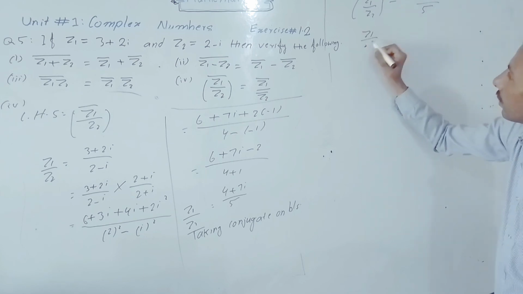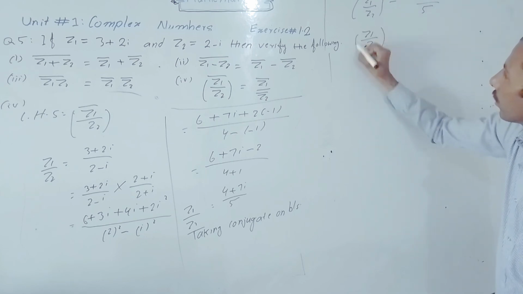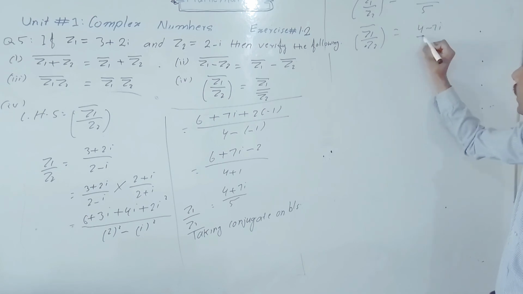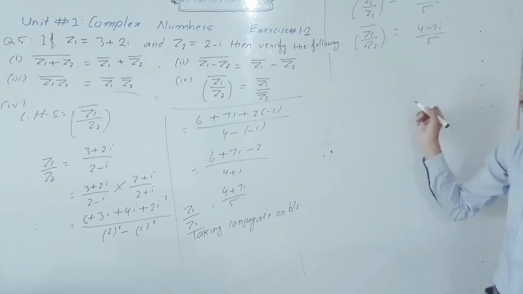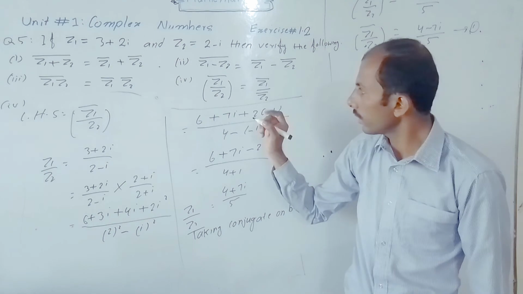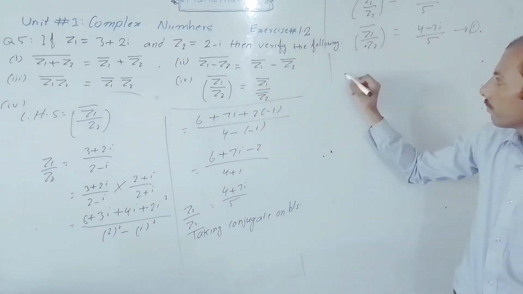So (Z1 divided by Z2) whole conjugate is equal to (4 minus 7i) divided by 5.